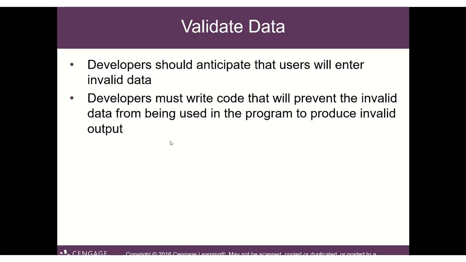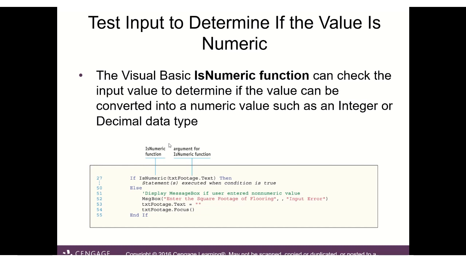In our case we use a validation called IsNumeric. The Visual Basic IsNumeric function can check whether the input value is a numeric value or something else. A numeric value means an integer or decimal, some number.